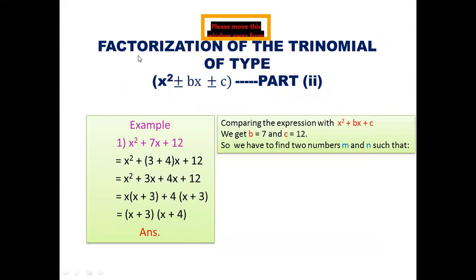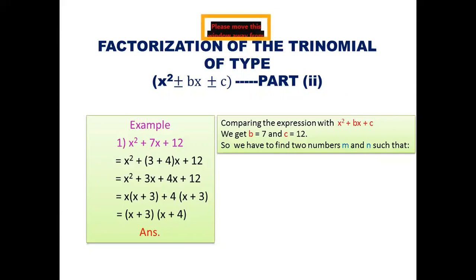And here it is factorization of the trinomial of the type x square plus minus bx plus minus c. In this factorization, in previous class we learned about this multiplication of m and n. The same will be used in this factorization of this trinomial.